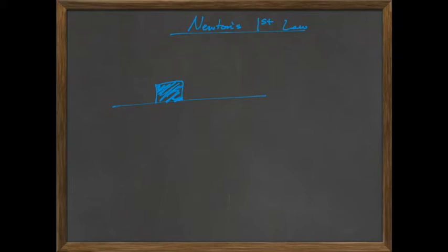We'll say it has a mass of some units. Let's see, say 2 kilograms. Now Newton's first law basically tells us that this object, say it's starting with no velocity, so we'll say it's at rest. How do we change that?